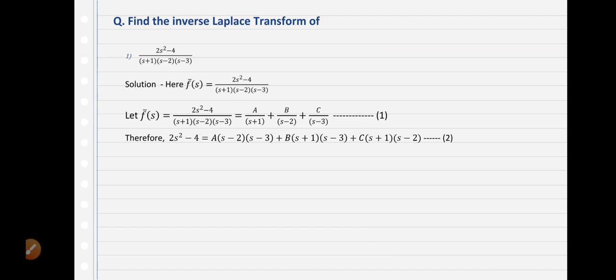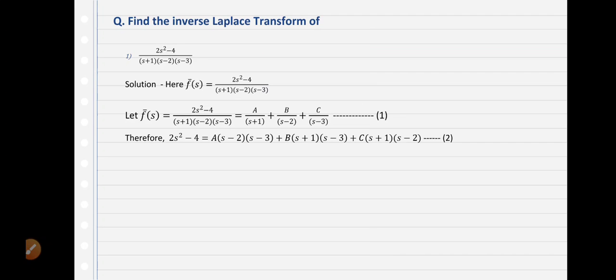Just write the numerator of the LHS, that is 2s square minus 4, equal to the first constant A. Now A has the denominator s plus 1 in equation 1.